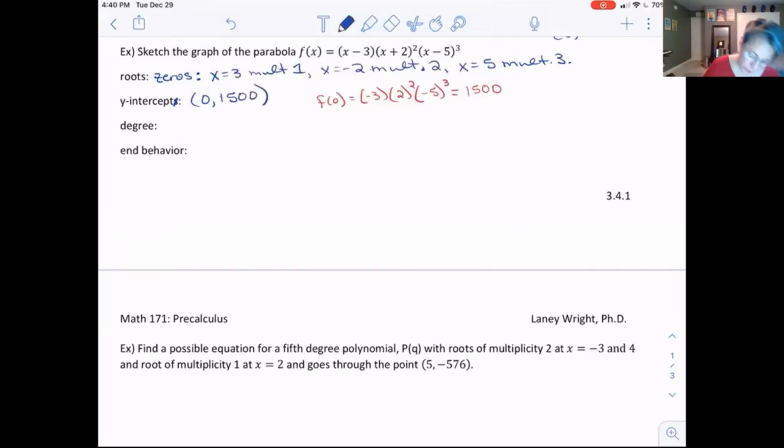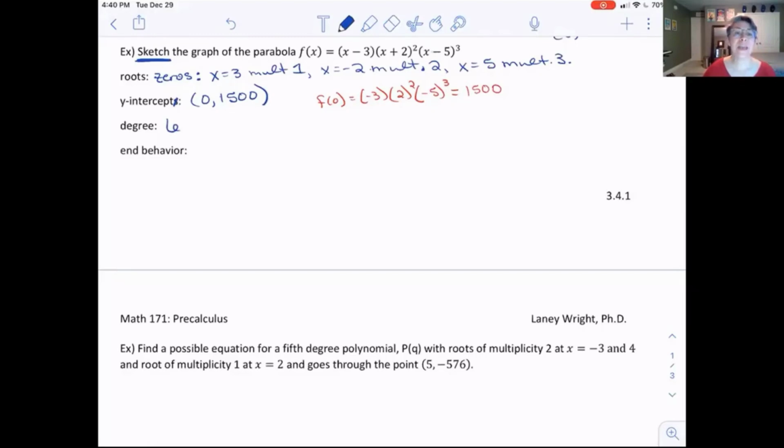I know it seems awfully large, but again, we are sketching the graph. The degree, notice there's the multiplicities. We can add all of those up. We have a multiplicity of 1. The second x shows up twice, so that gives us 3 x's. The last 0 shows up 3 times, so 3 more. So this gives us a degree of 6, so we know that it is even.